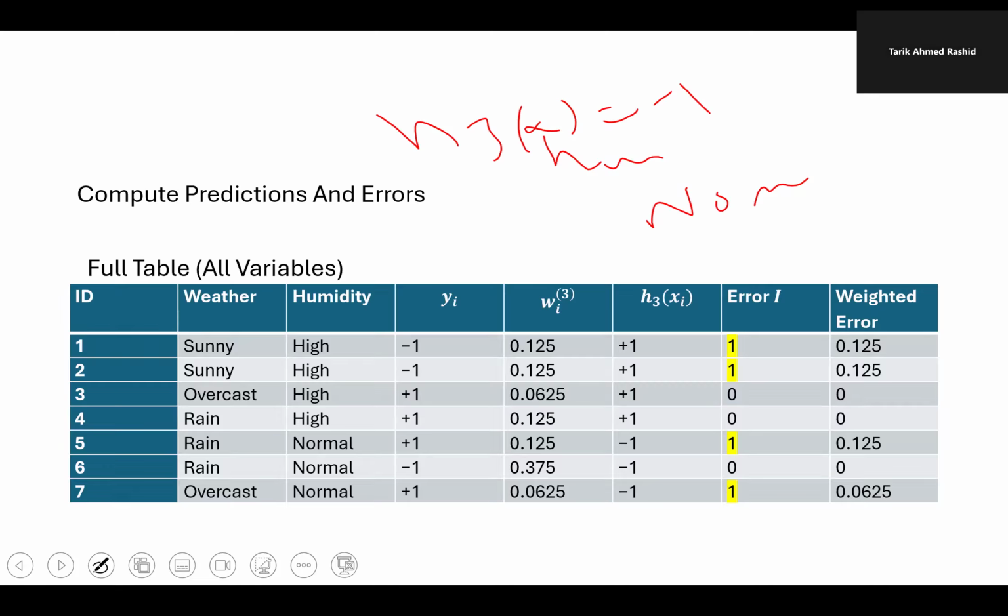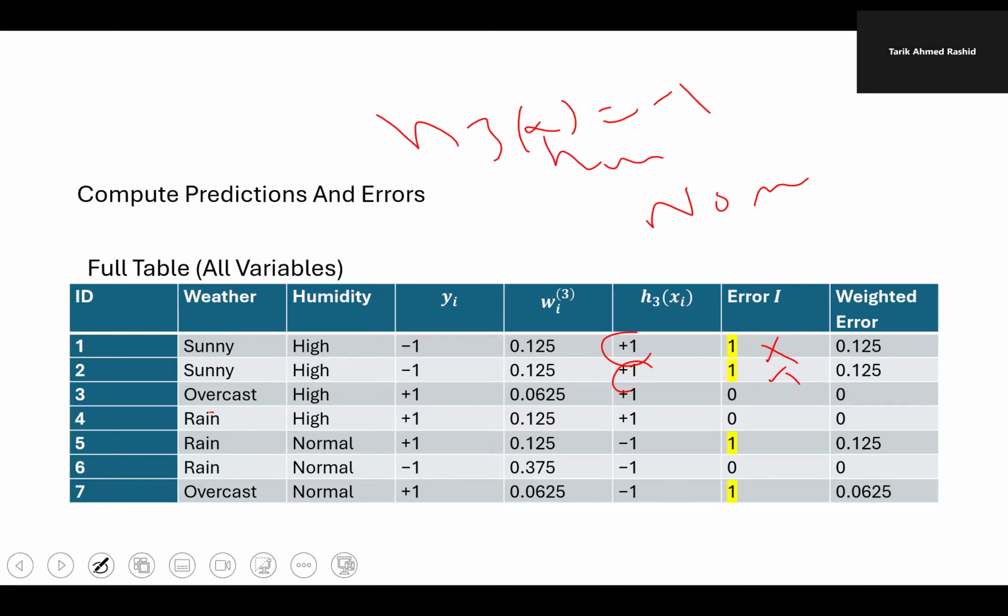So it would be +1. Sunny, again, minus, that would be +1. So two mistakes now we have. Overcast, it's not humid, so it's fine. Leave it at this, nothing to do. Rain, high, nothing to do because our condition is humidity normal.